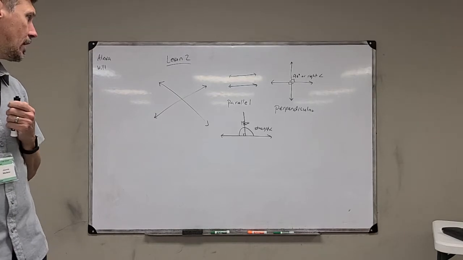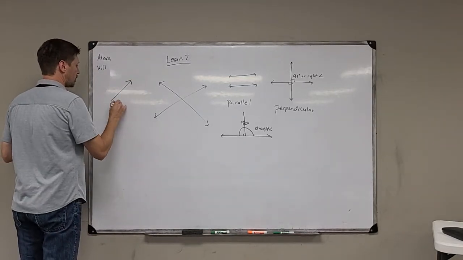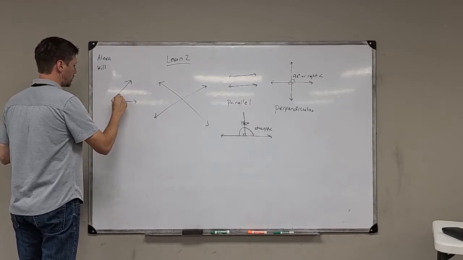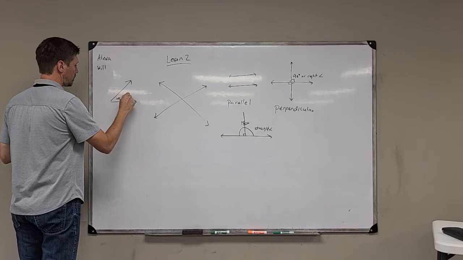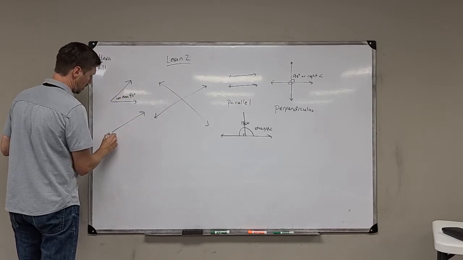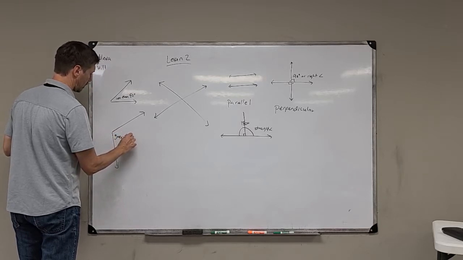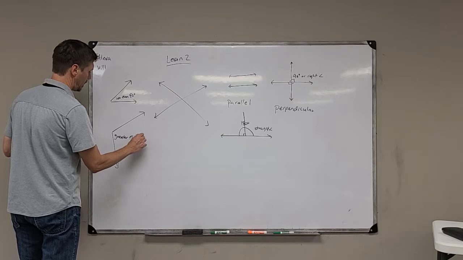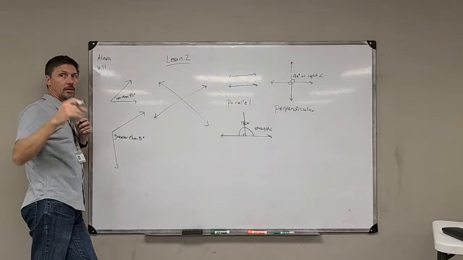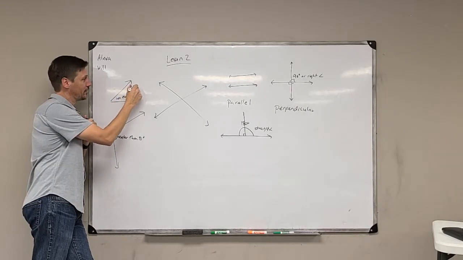And then we have an angle here that's less than 90 degrees, and then we have an angle here that's greater than 90 degrees. What do you got for less than? Acute. Acute is so cute. That's a cute angle.